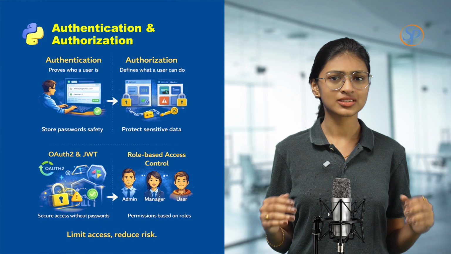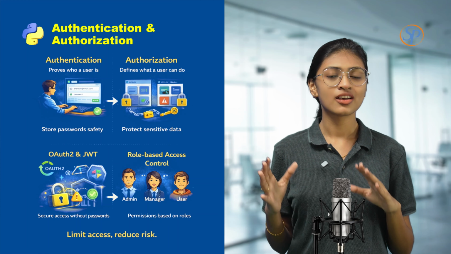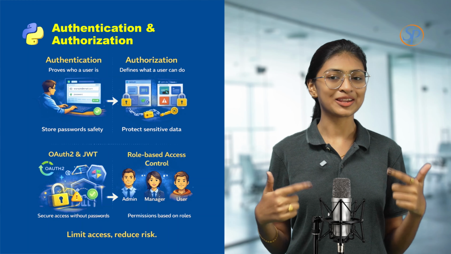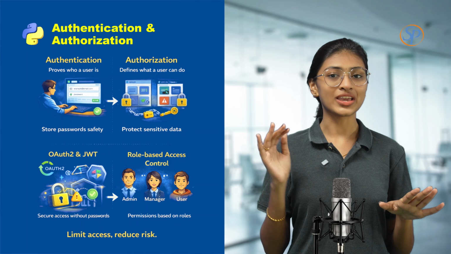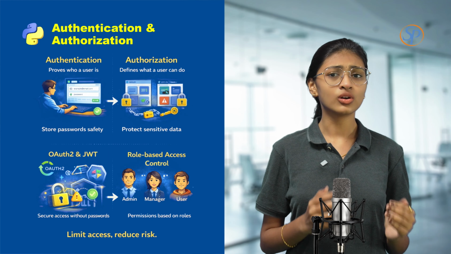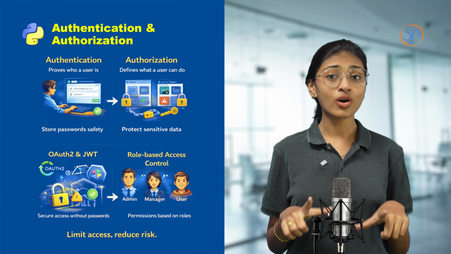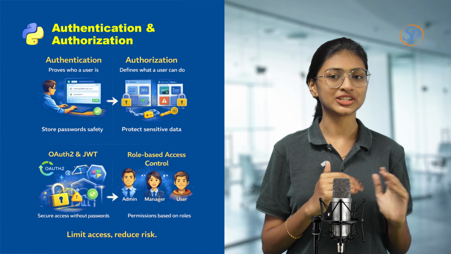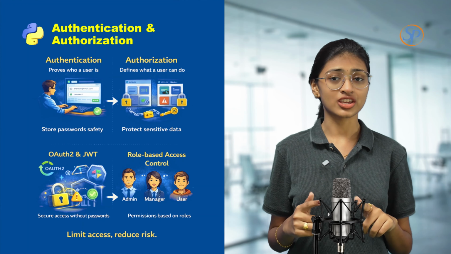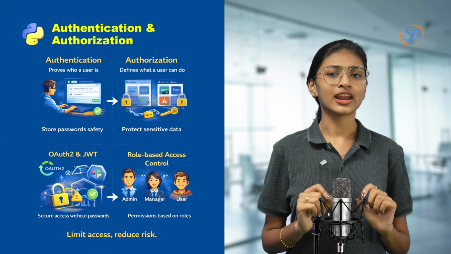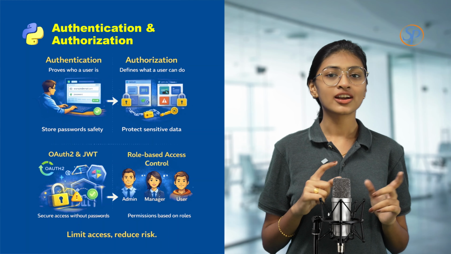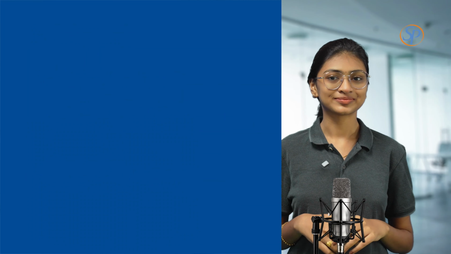These mechanisms allow secure access without sharing passwords repeatedly. Role-based access control ensures users only access what they are permitted to. Token rotation and expiry reduce damage if credentials are leaked.